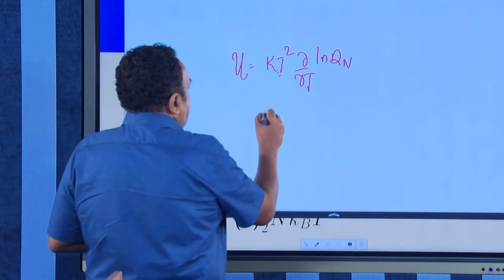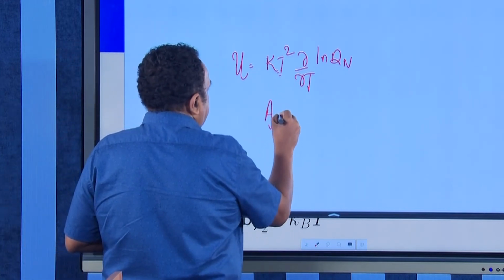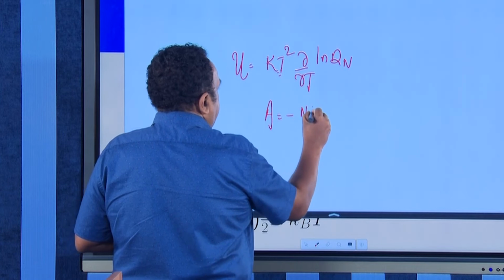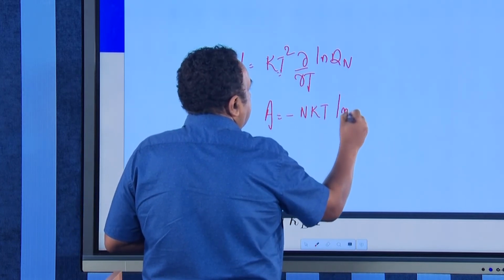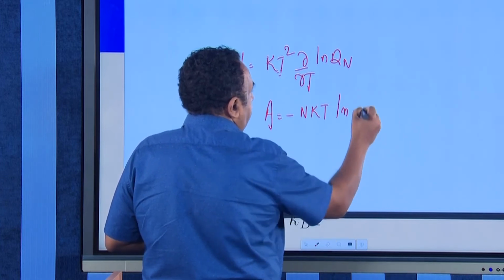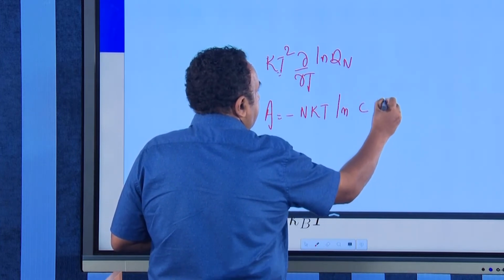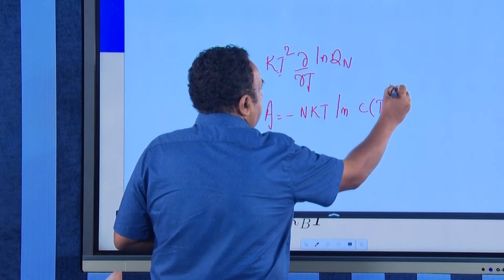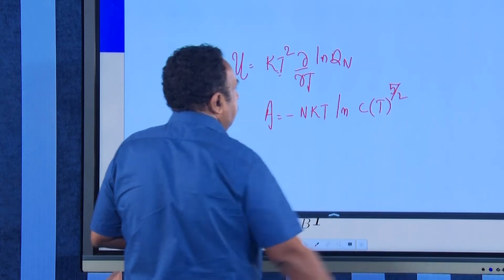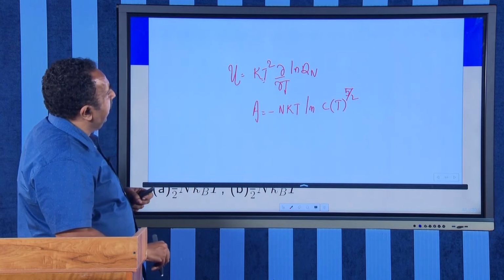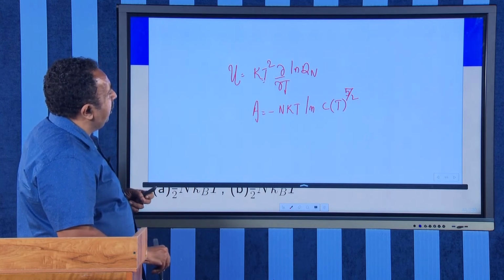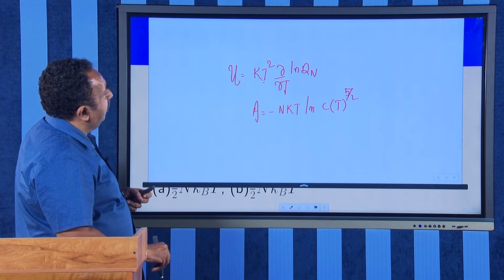You are given A is equal to minus nkT log of some constants and T raised to 5 by 2; all other things you can put as constants. This was your expression, A is equal to minus nkT log C T raised to 5 by 2.